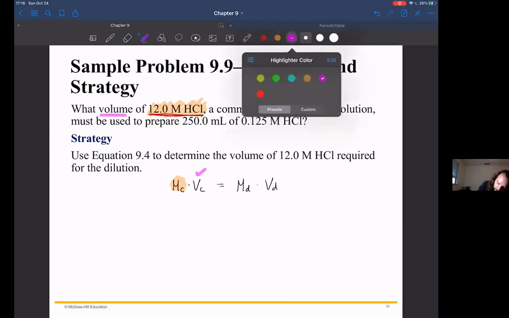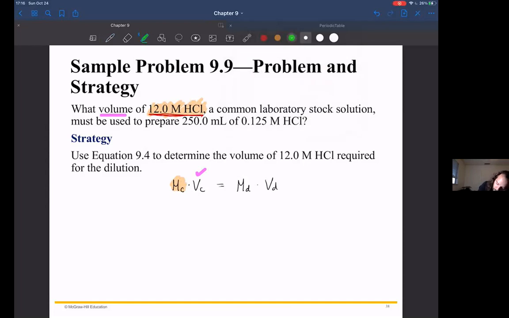The other variables we have are the 250 mLs of the dilute solution, and we know that we want our dilute solution to be 0.125 molar. So we're going to rearrange this equation to solve for VC: VC equals MD times VD over MC.